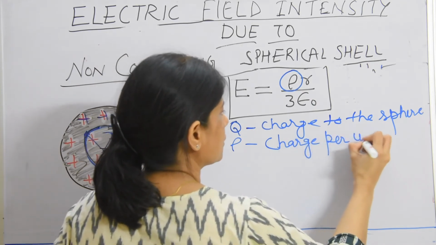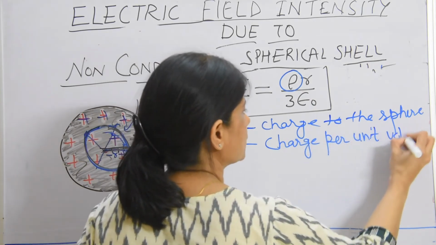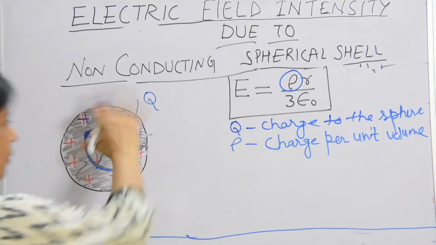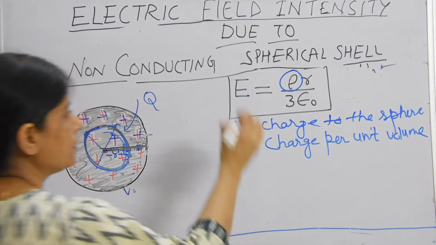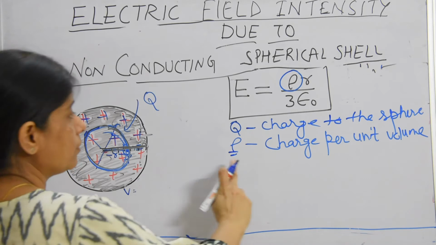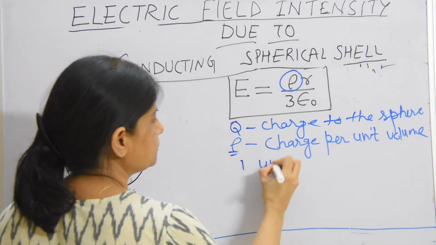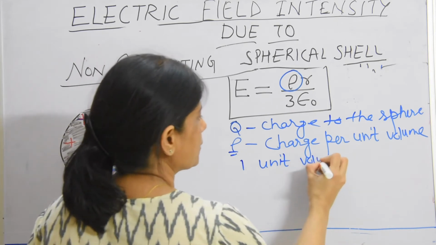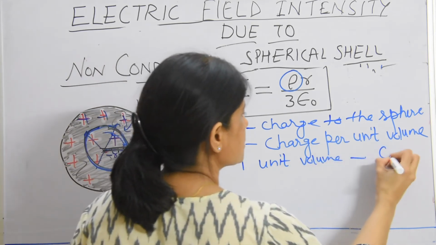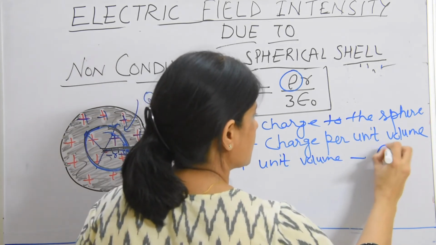per unit volume. Since charge is spread throughout the volume, that is why we have taken rho. So in one unit volume, charge is rho.